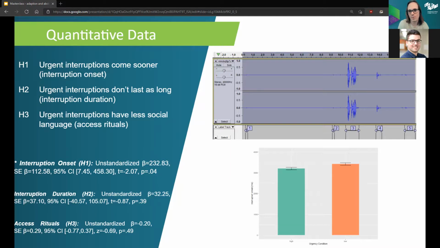But of course, you might expect that there are big individual differences, so that's not going to be the case. It might not even be the case question to question. If people are urgently asked, you know, what's your favorite color, that might be different than urgently asking, what time is it right now?